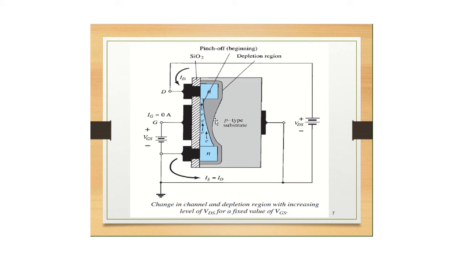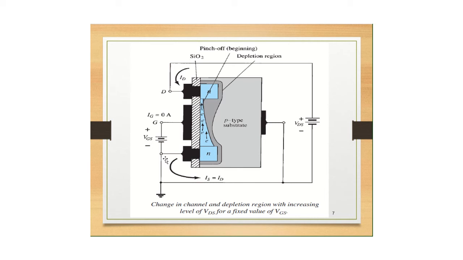Let's understand it clearly. Now let's apply Kirchhoff's voltage law to the terminal voltages of the MOSFET. From that we have VDG is equal to VDS minus VGS.